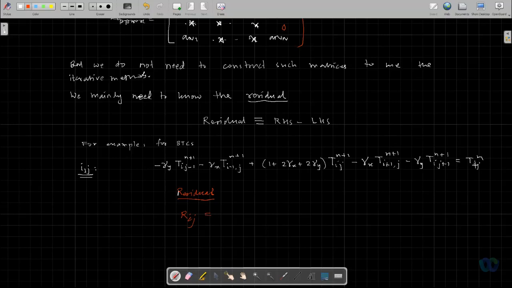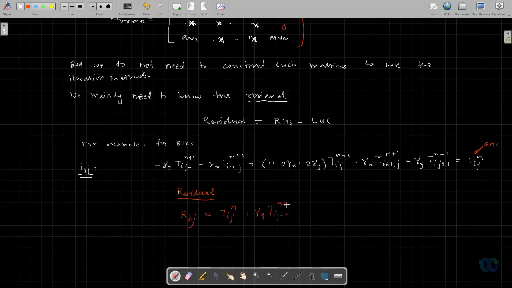So you write that equation: right hand side T ij n, minus the left hand side, all the terms in the left hand side. Minus of this minus, it goes to the right, minus of left hand side. So minus minus becomes plus: gamma y T i j minus 1 n plus 1.